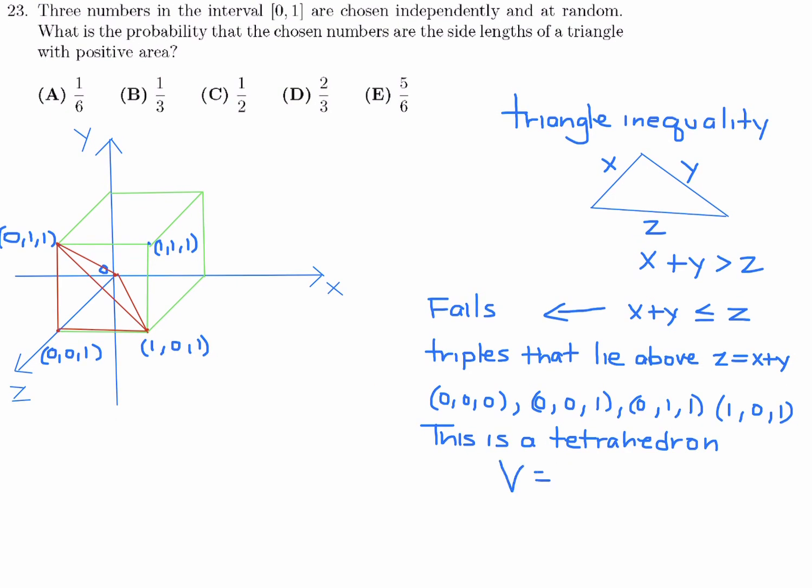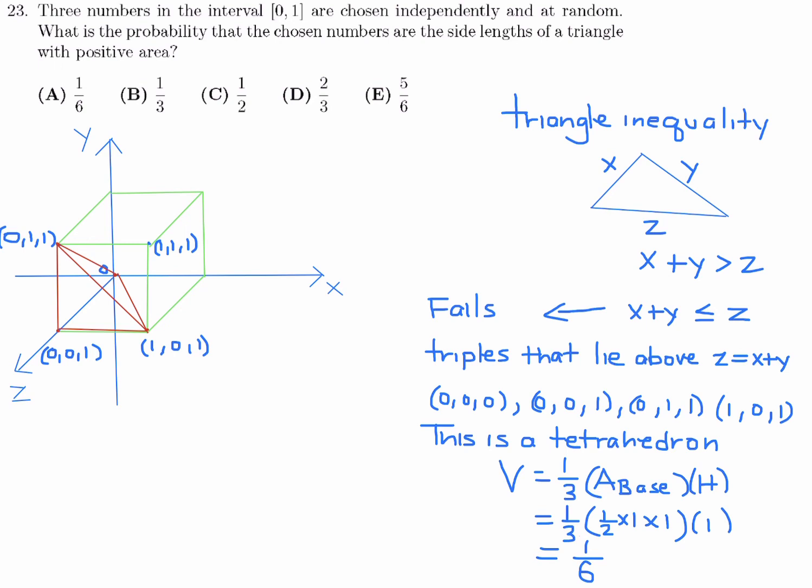So the volume is going to be, as always, 1/3 the area of the base times the height of the shape. Well, the base is just this guy right here, which is a triangle, 1/2 times 1 times 1. And the height is from here to here, which is obviously just 1. So this looks like it is 1/6.